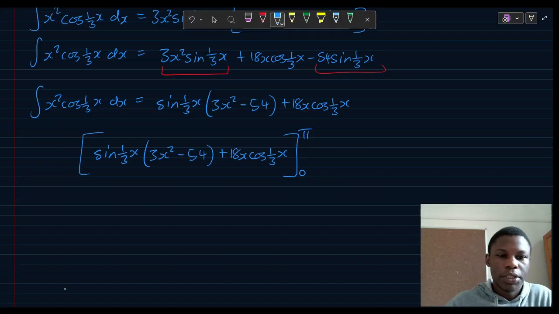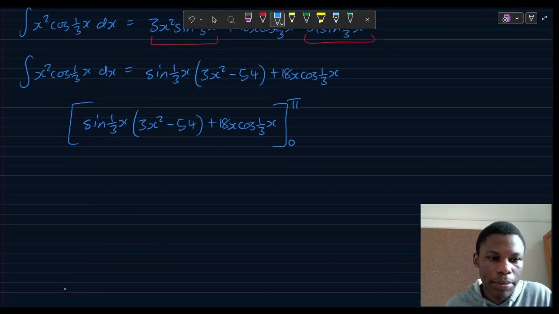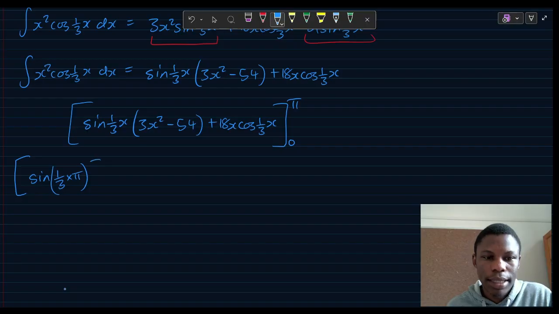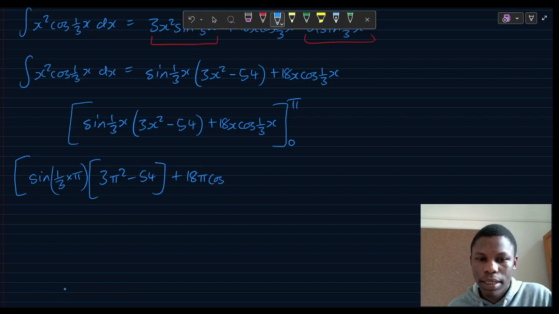So let's substitute. We'll start with the upper limit. We've got sine of a third multiplied by pi. And this is multiplying 3 pi squared minus 54 plus, that's 18x, so 18 pi cos a third pi.